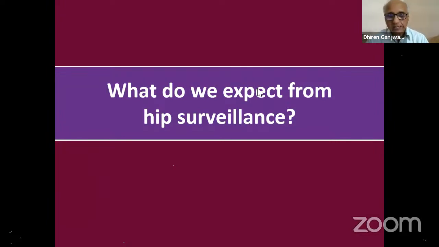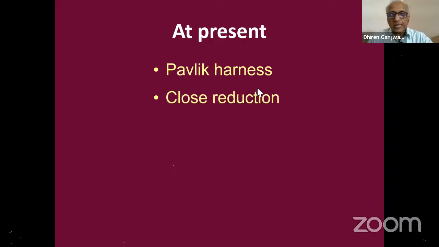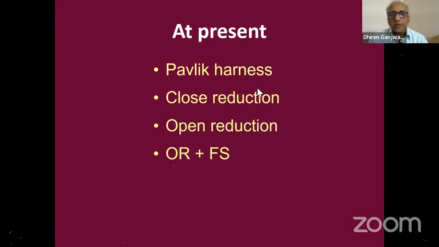What do we expect from this hip surveillance? At present, among the children coming to us, a small number are managed with a Pavlik harness. A small number of cases require closed reduction, but the majority require open reduction, either only open reduction with femoral shortening, or all 3: open reduction, femoral shortening, and acetabular osteotomy.